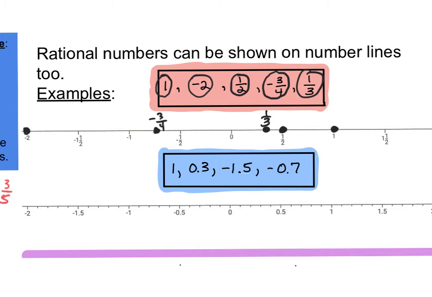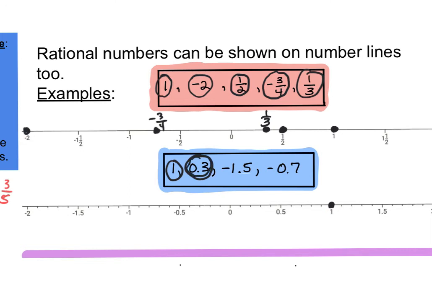And I could do the same thing with decimal rational numbers and with whole numbers like number 1. Number 1 I can find on this decimal number line. The number 0.3, well, I need to know what this number line is going up by. It looks like if I start at 0 right here, 0.1, 0.2, 0.3, 0.4, 0.5, 0.6, 0.7, 0.8, 0.9, 1.0. It looks like this is going up by tenths.